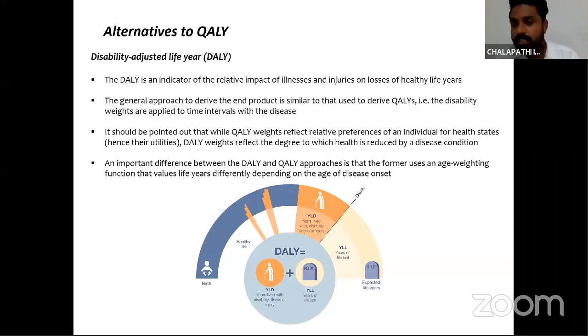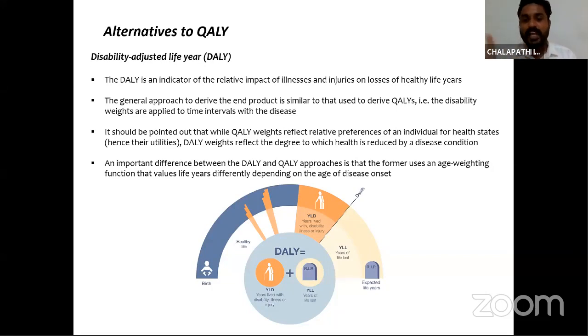YLD, how much did he lose? Utility 0.2 he lost. How many years did he lose? 20 years. So you multiply 0.2 into 20, which is equal to 4 years. So totally, DALY will be how much? 20 plus 4, 24 years.